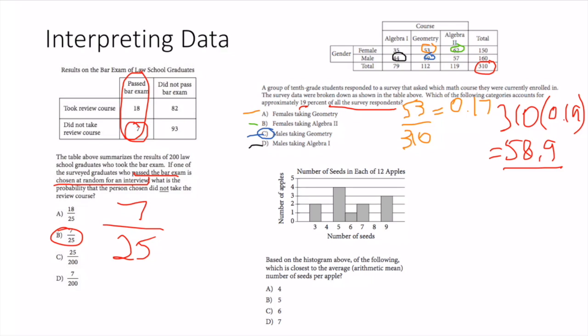Very, very close. I know that is approximately 19% of all the people that answered the survey. So either way you do this question, you'll end up with the right answer. But again, doing it that second way will just save you some time.